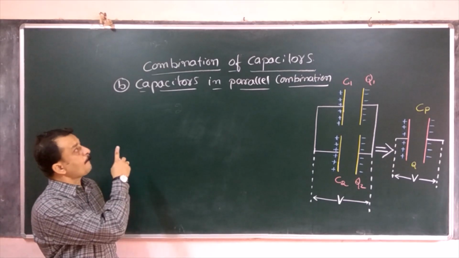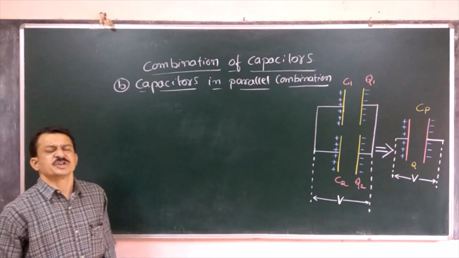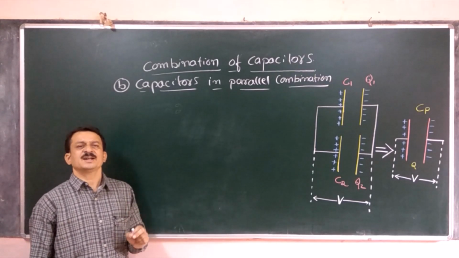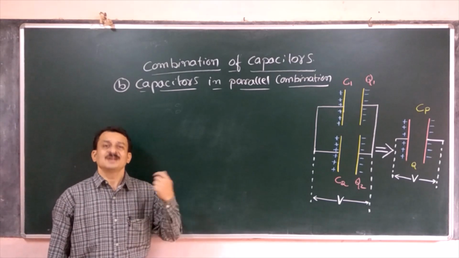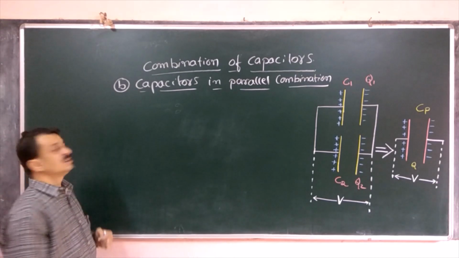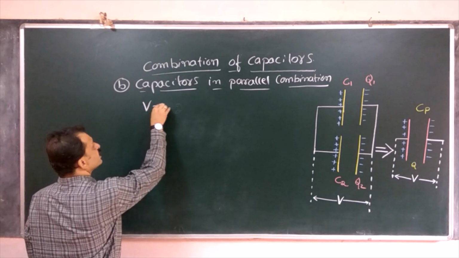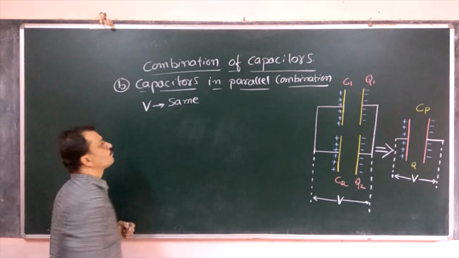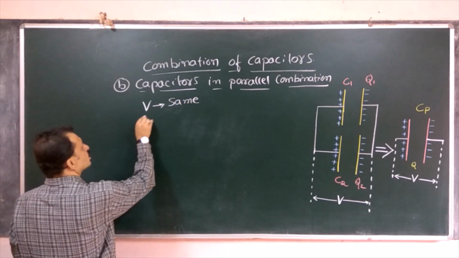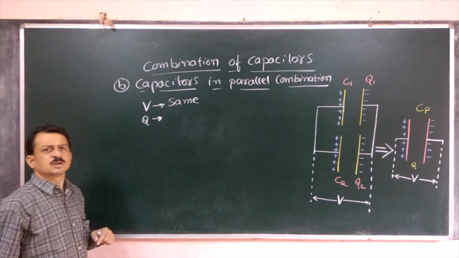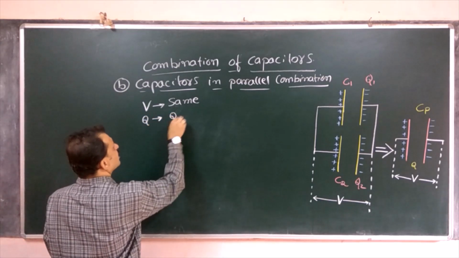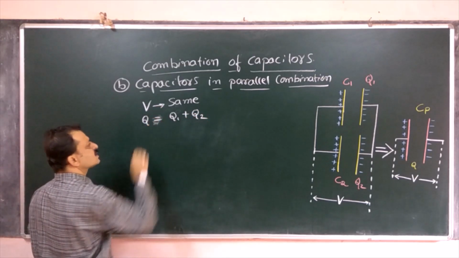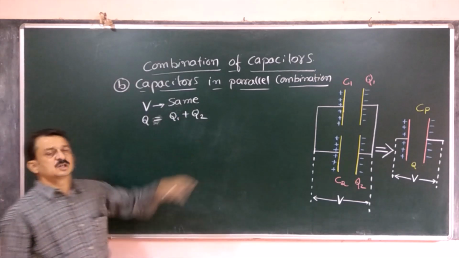Now we will study capacitors in parallel combination. Two capacitors are said to be in parallel if they are connected between two common terminals such that the potential drop V across each capacitor is the same, and the total charge in the system is equal to the sum of the charges accumulated on each capacitor.